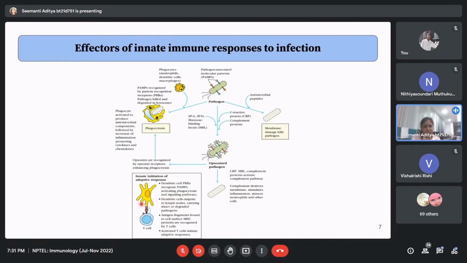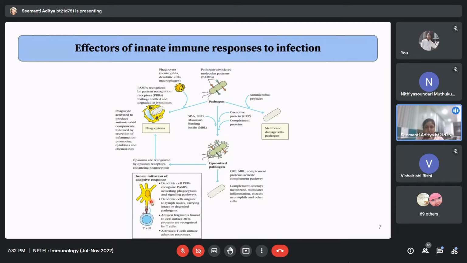Once phagocytosis takes place, the pathogen will get degraded, or maybe it is still intact. After phagocytosis, the dendritic cell will migrate to the lymph node carrying the intact or degraded pathogens. After it has migrated to the lymph node, the antigen fragments are bound to the cell surface. It also has MHC molecules on its surface, since every immune cell has an MHC molecule.